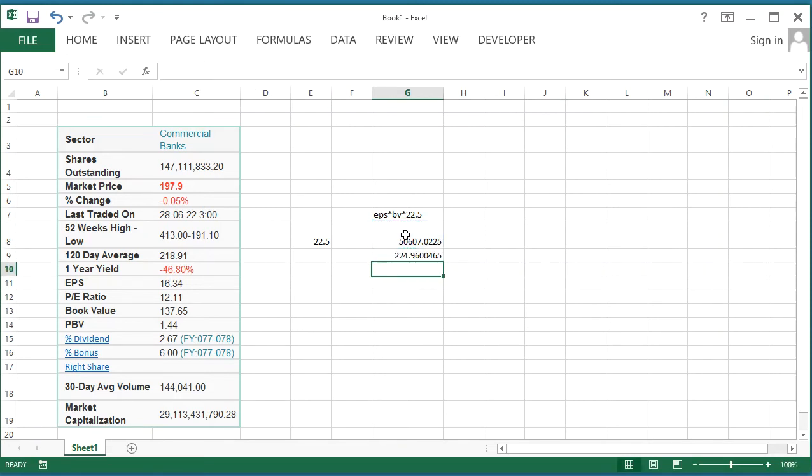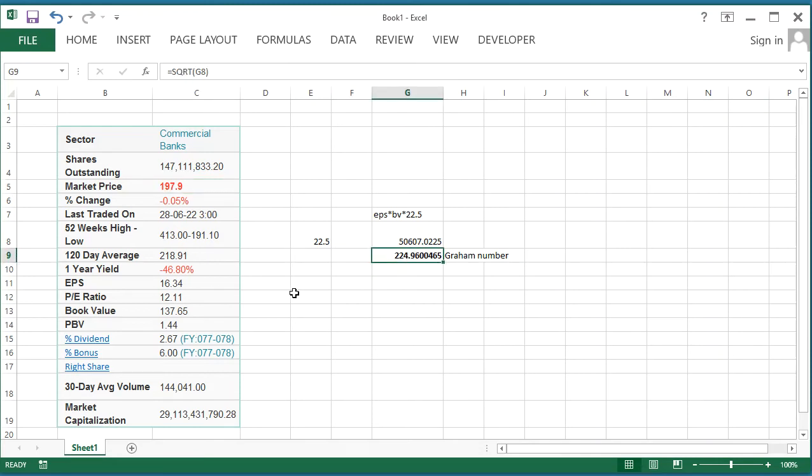So you can see this is really important. I'm going to bold it. So you can see over here the Graham's number. This is called the Graham number. You have to compare this to the market price, which in general is always higher than Graham's number.